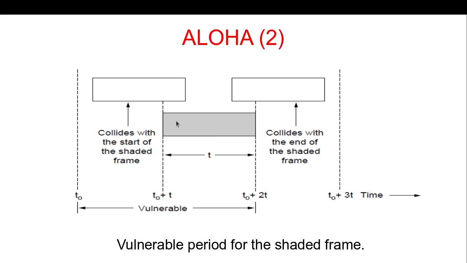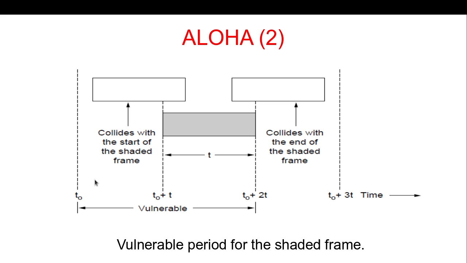Similarly, after this shaded frame was generated and being transmitted, which was in the channel from time t0 plus t up till t0 plus 2t, because the frame time was t, if any other frame was generated in the duration between t0 plus t and t0 plus 2t, the start of that new frame is going to collide with the end of the shaded frame.